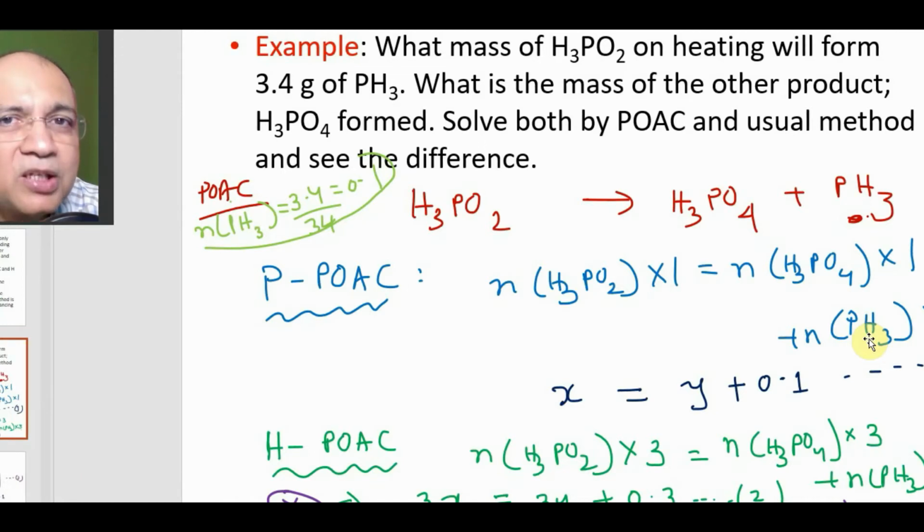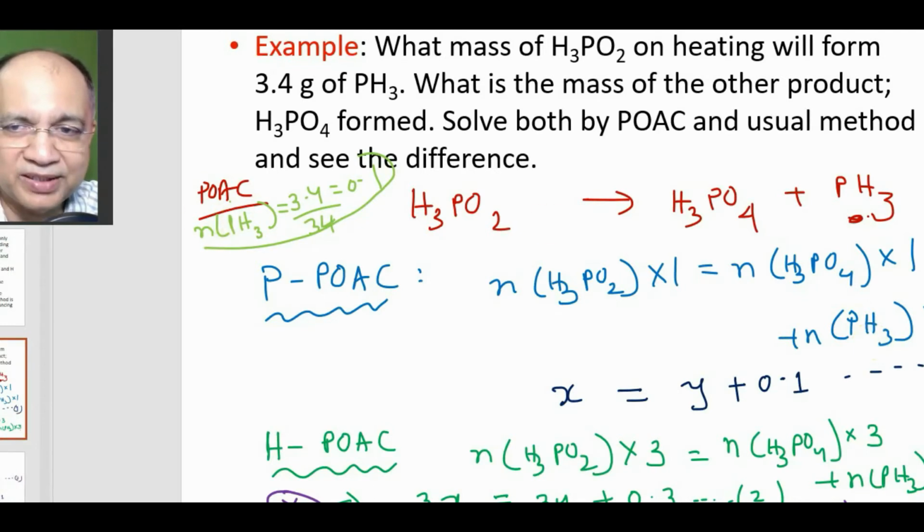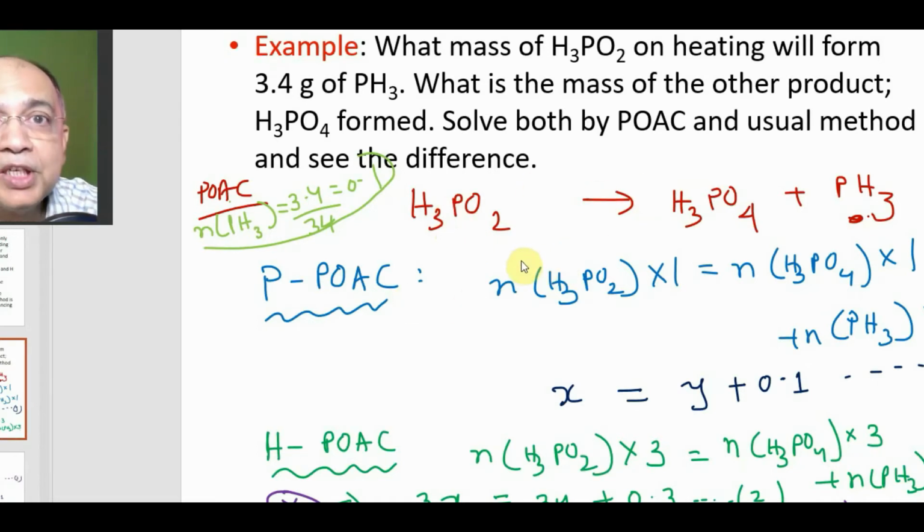But in some cases, it will be more time consuming than the conventional method. So here, we could have solved this problem had you balanced this equation easily. We know the coefficients easily, or you have memorized them, or if you take some time, by that time you can use POAC and get your answer.